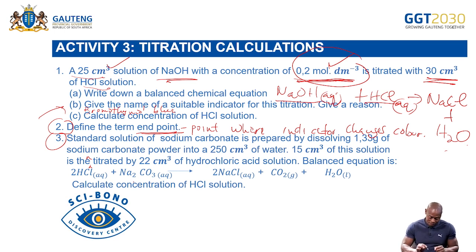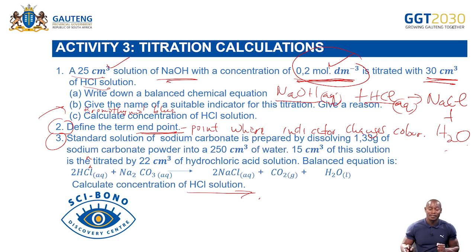This is the balanced equation: hydrochloric acid plus sodium carbonate produces sodium chloride plus carbon dioxide plus water. Calculate the concentration of hydrochloric acid.